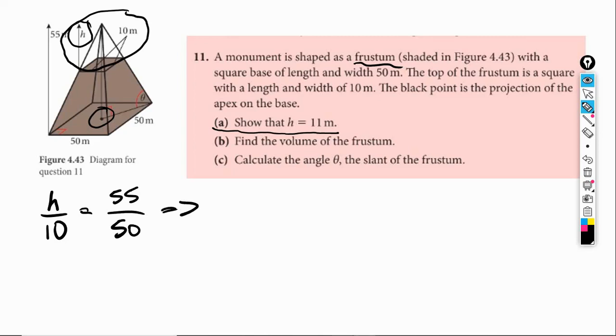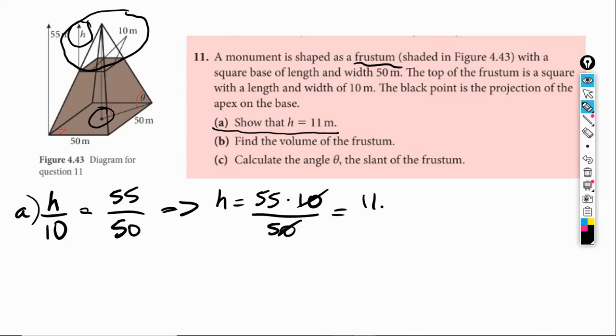Therefore, that means that h is equal to 55 times 10 divided by 50. Now, if we simplify this, this is really 55 divided by 5, which equals 11. So we've shown that h is equal to 11. So this was part A.